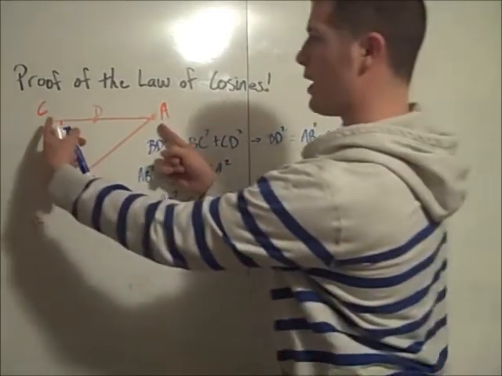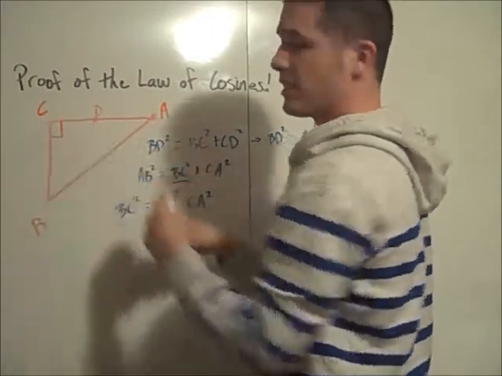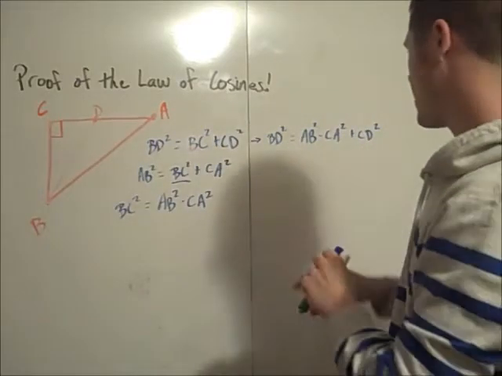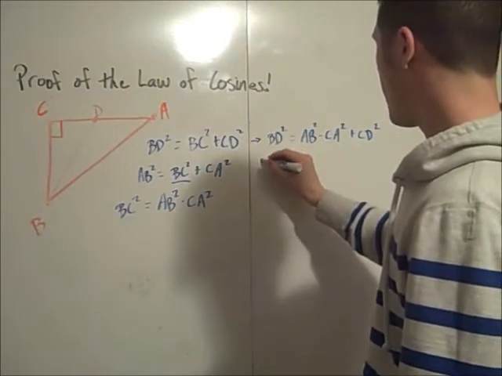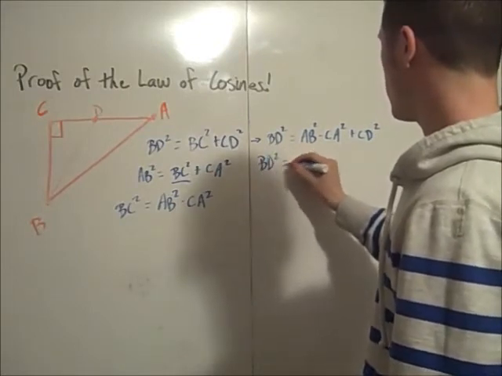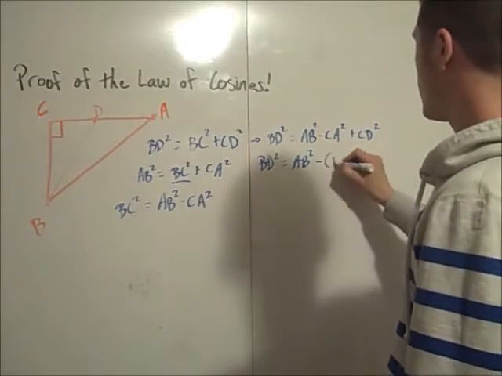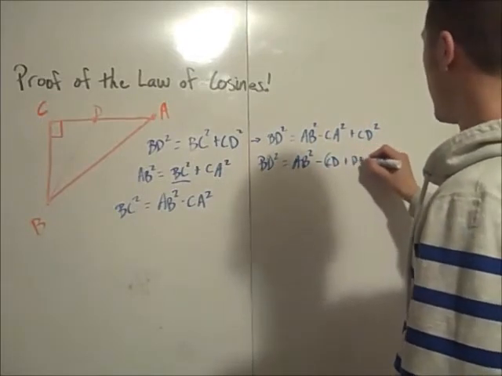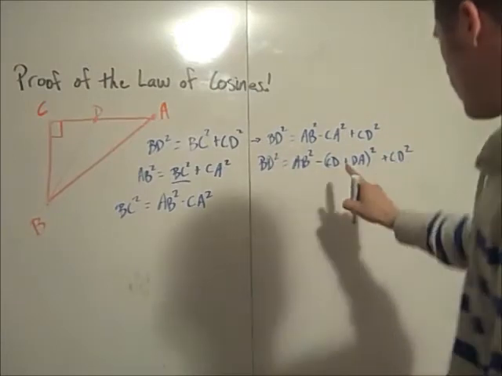Now there's another substitution to make here actually. CA, this length right here, is actually CD plus DA. So I'm going to substitute CD plus DA in for CA, and that's by something called the segment addition postulate. So BD squared is equal to AB squared minus (CD plus DA) squared plus CD squared.